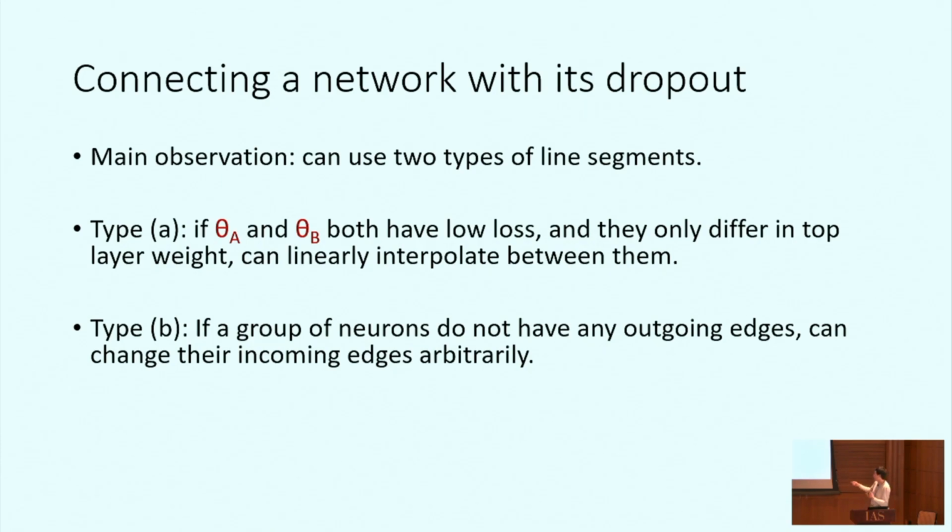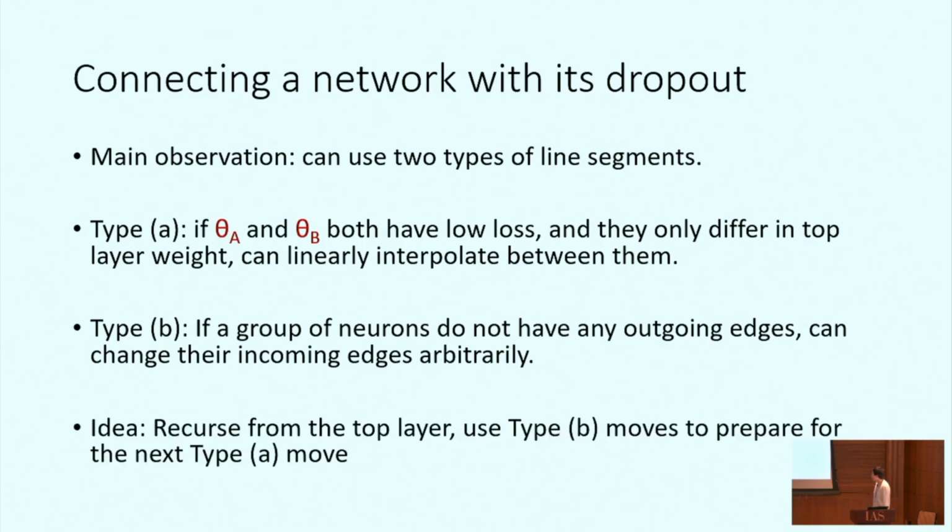So if I do this type B move, the output of the network will not change. And no matter how I do that, I can do a linear interpolation. We will show that just using these two types of steps, we can construct a path from one network to its dropout version.